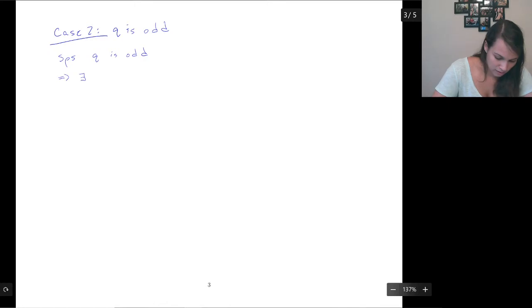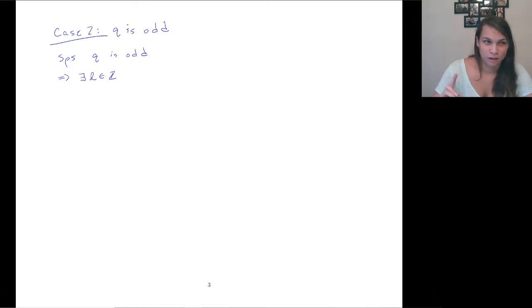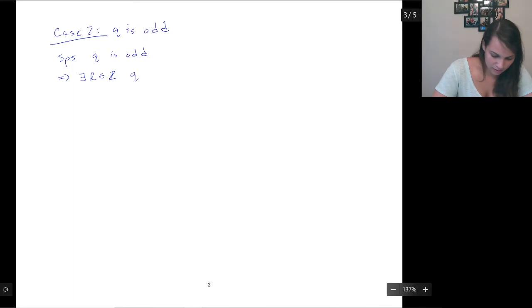Then there exists, we already used k, so we're going to use L now. Sorry, I was thinking q isn't 0, but as long as we're in odds, odds aren't 0, so we're okay. So there exists L such that q is equal to 2L plus 1.